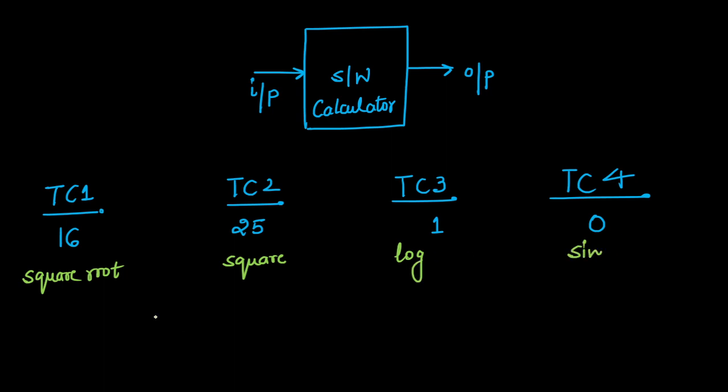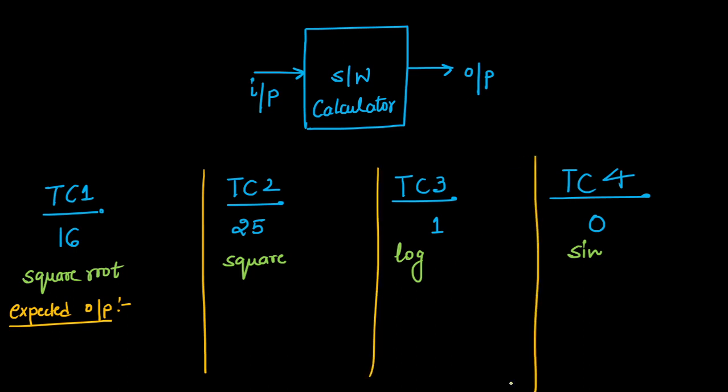Yeah, sine 1. Now if someone asks me what will be the expected output, in this case the expected output will be, for square root, 4, right. In this case, EO is expected output. Okay, EO is expected output.